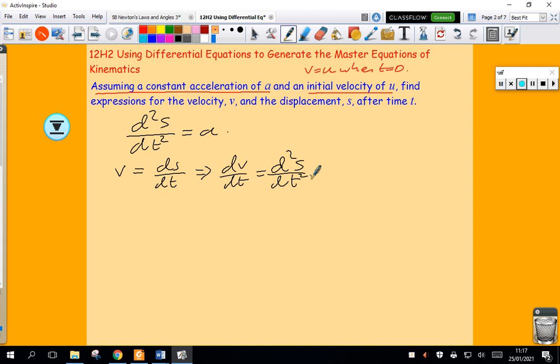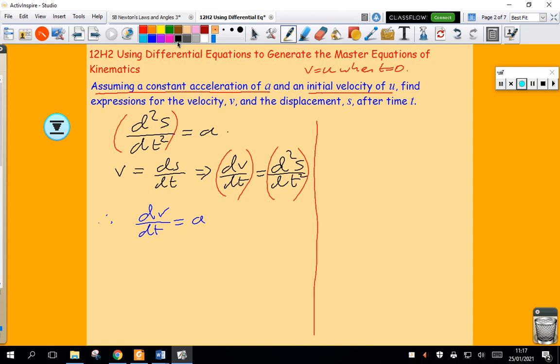It's a bit like our v substitution we were using earlier on. v equals ds/dt, so taking the derivative with respect to t, dv/dt equals d²s/dt². What I'm going to do is take this value dv/dt and substitute it in for d²s/dt² in here. So therefore, dv/dt is equal to a.